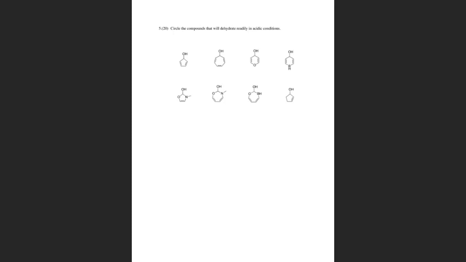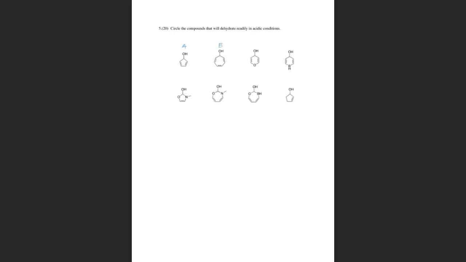I'll give y'all a few minutes. I want you to circle the compounds that will dehydrate readily in acidic conditions. So these are stable compounds. That means aromatic and non-aromatic compounds. And I'll give them letters so that y'all can just write them when you're done.